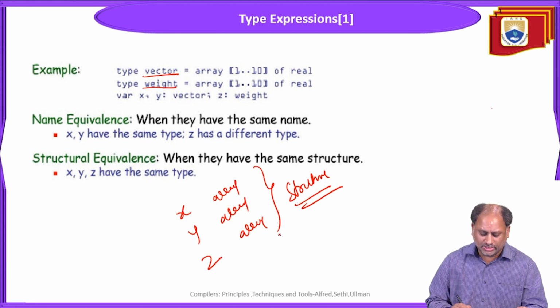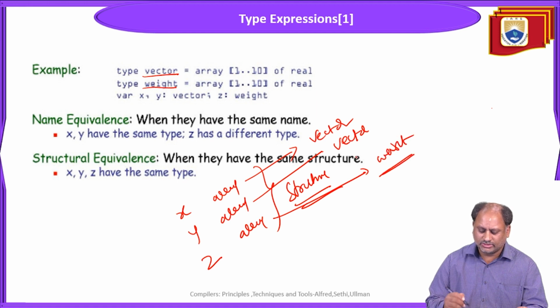But if you come to the name, what type does the array structure hold? That is vector type. Y holds vector type, whereas Z does not hold vector type, it is weight type. So that's why under name equivalence, these three variables are not all equal. That means x equal to y but not equal to z.